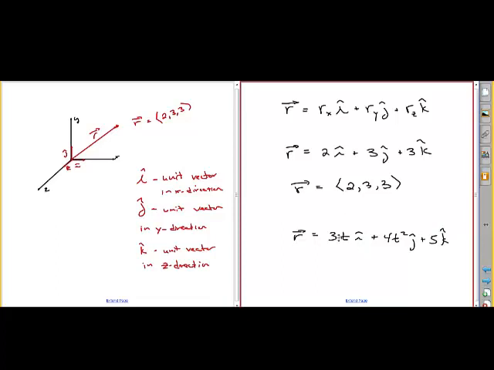And so this is a parametric equation because the parameter is t, and you start at t equals 0, and then if you want to know the position at any positive value of time, you just plug the value in, and you'll end up with the exact position vector at that particular time, and that'll be your position in three-dimensional space.